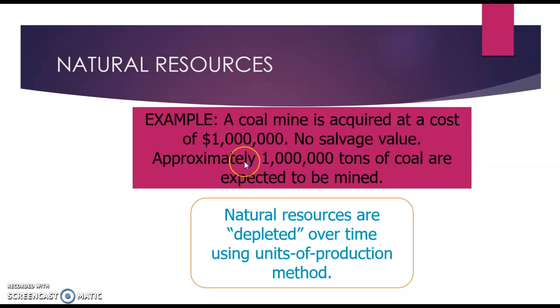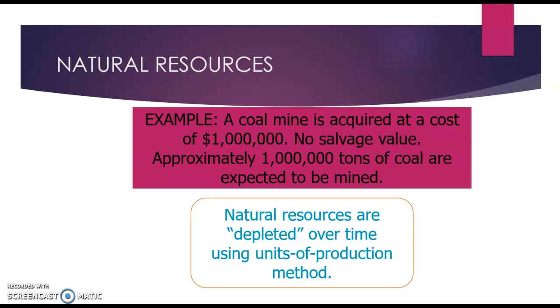Approximately, and these natural resource depletion processes are similar to units of production. So we have to know how many tons of coal are we going to pull out of it? How many ounces of silver? How many barrels of oil? Okay, so how many board feet of timber are we going to cut down?